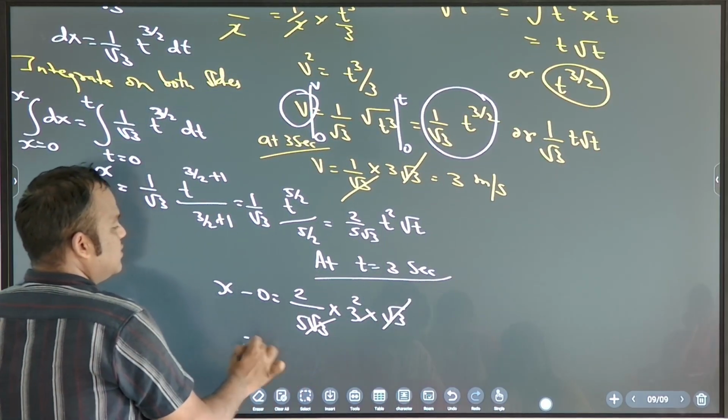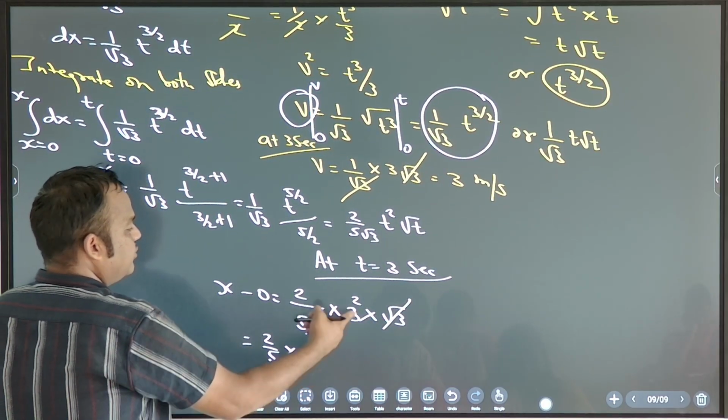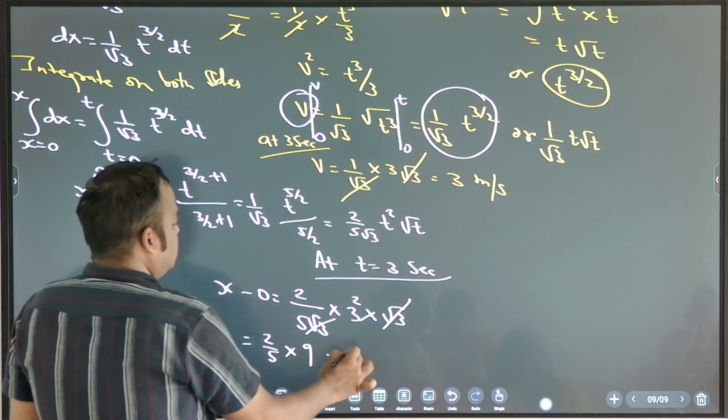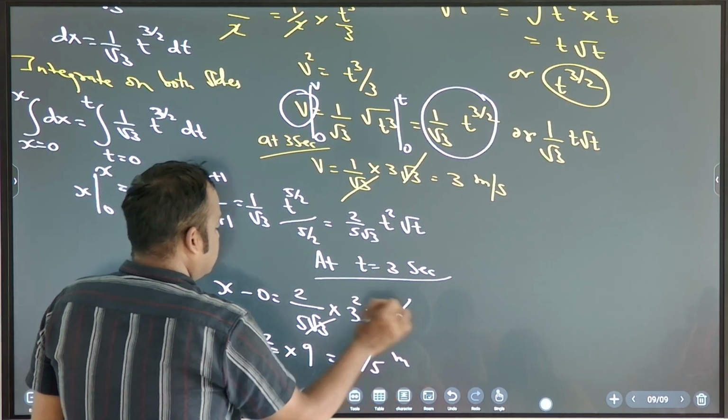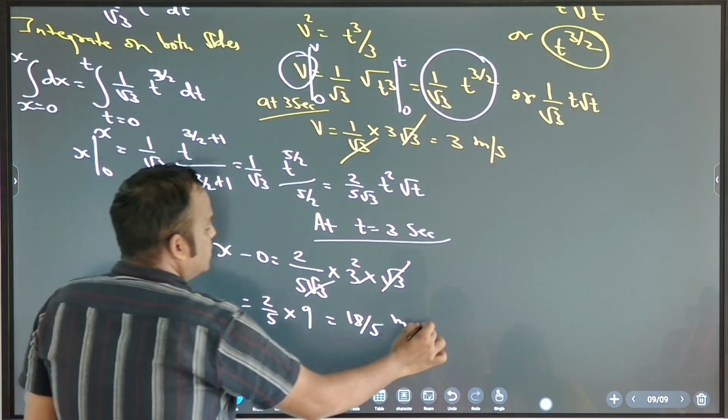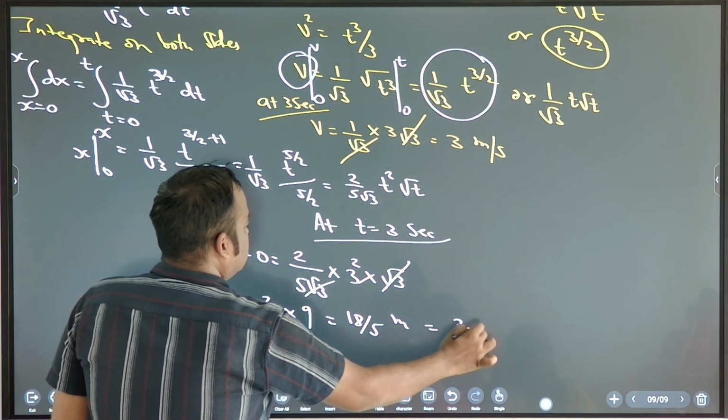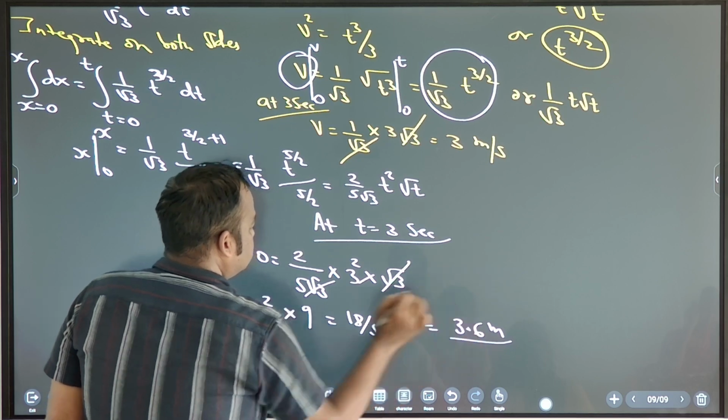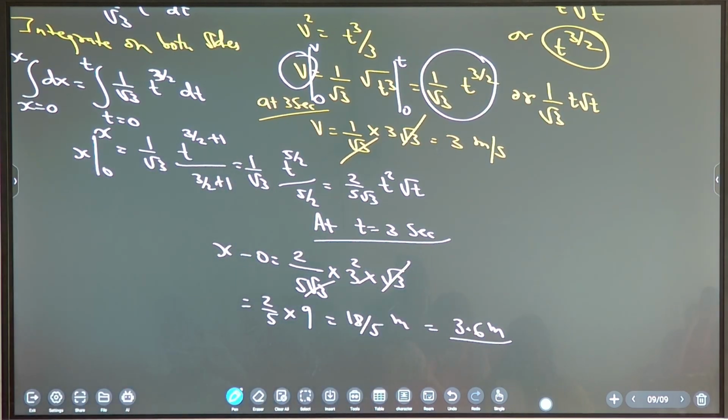Root 3 cancels. So 2 by 5 into 9, that is 18 by 5 meter. This is your answer. Note down: 3.6 meter. Okay, clear?